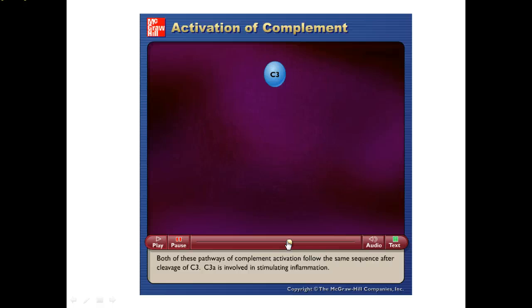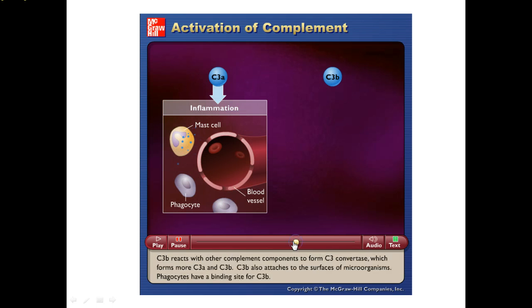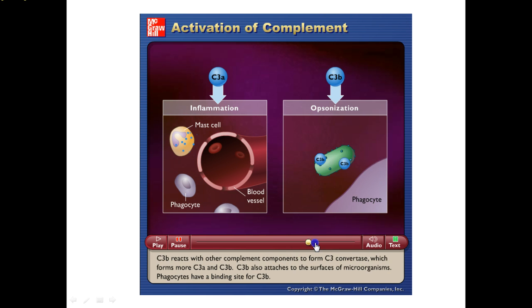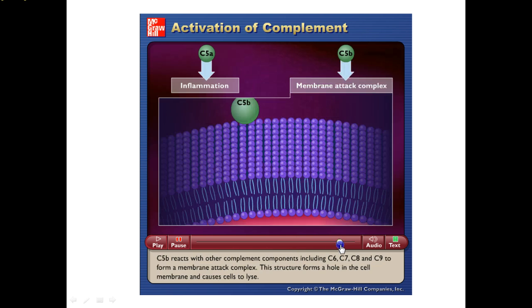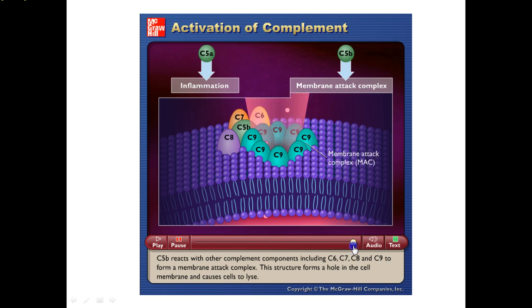Once the C3bs start binding, you're going to get more C3a and C3b produced. And then as we said, C3a, inflammation. C3b is that binding, opsonization, which helps the phagocytic cells. And the very last outcome that could happen is the formation of the MAC complex.